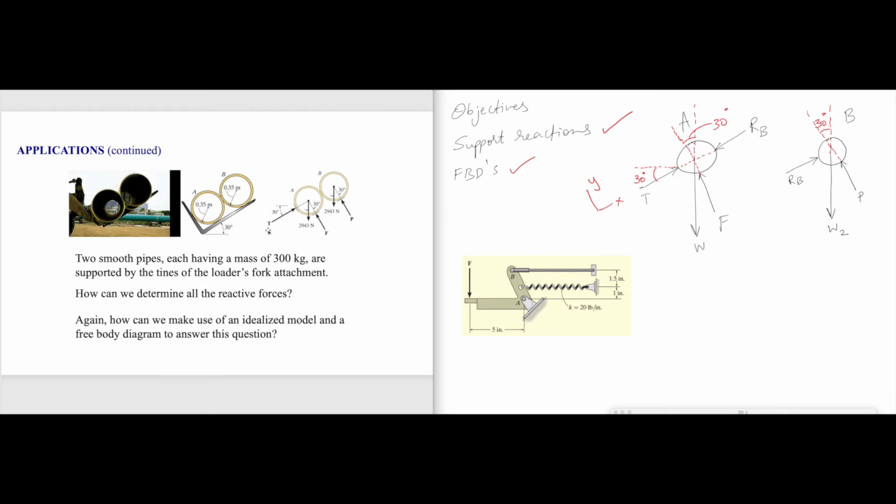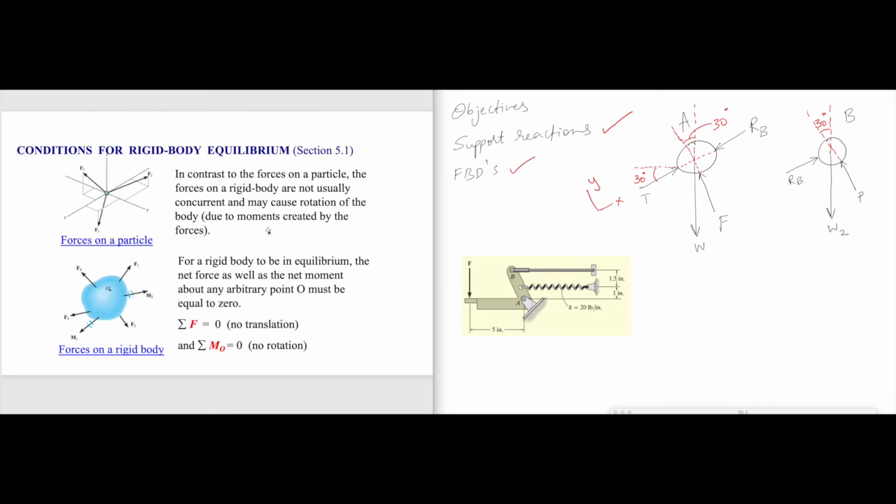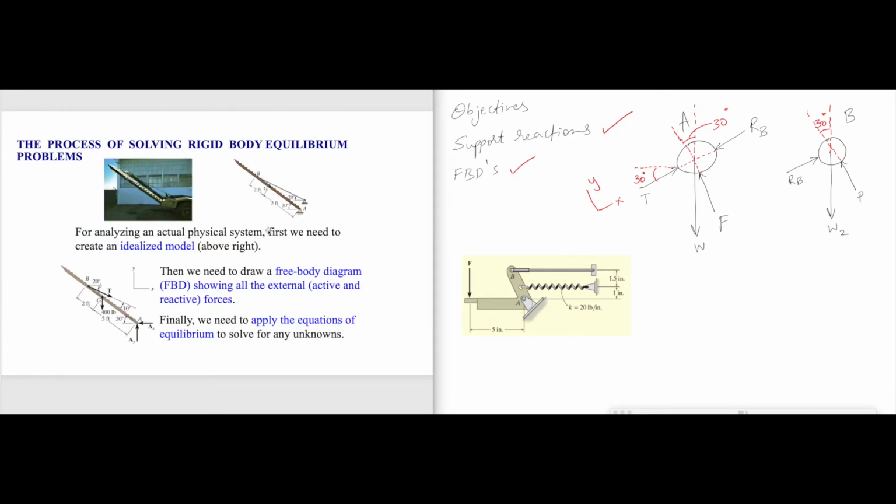So we will see some situations where we should be able to express the supports with proper reaction forces.